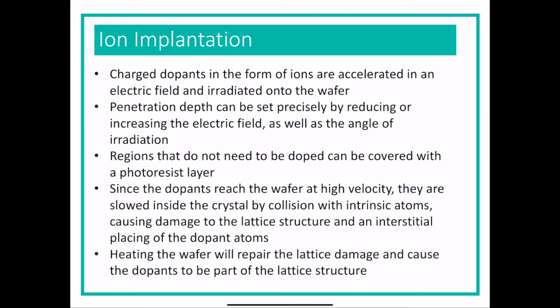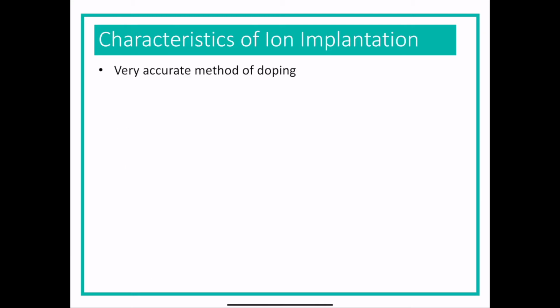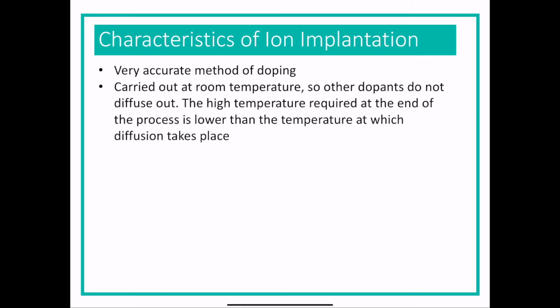So characteristics of this versus diffusion: very accurate, which can be good. As you can imagine, it's also more expensive because you have to have the equipment that will shoot the ions. You do it at room temperature and then just do heating at the end, which is somewhat minimal. So diffusion doesn't take place, which can be good if you've got areas that already have dopants in them and you don't want them to go somewhere.